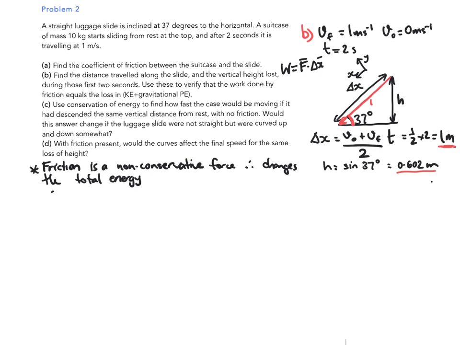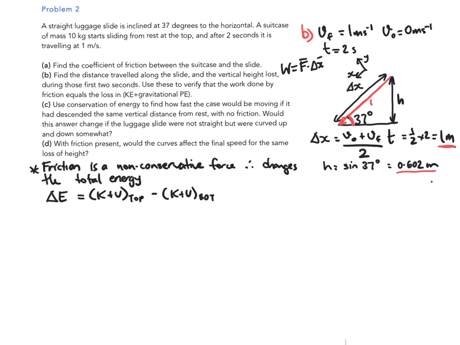So therefore, instead of having kinetic energy at the top plus the potential energy at the top, minus kinetic energy at the bottom plus the potential energy at the bottom equal to 0, so no change, we have some change in energy, delta E, which is K plus U at the top minus K plus U at the bottom.